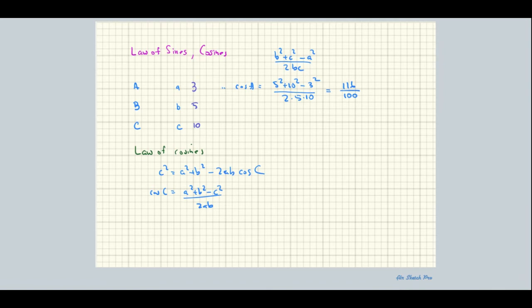If I use the 2 smallest sides and try to stretch them out across the biggest side, they're not long enough. This is called the triangle inequality. For sides A, B, and C, where C is the biggest, A plus B has to be greater than or equal to C. The 2 smaller sides have to be bigger than the 3rd side, or you can't get a triangle out of it.